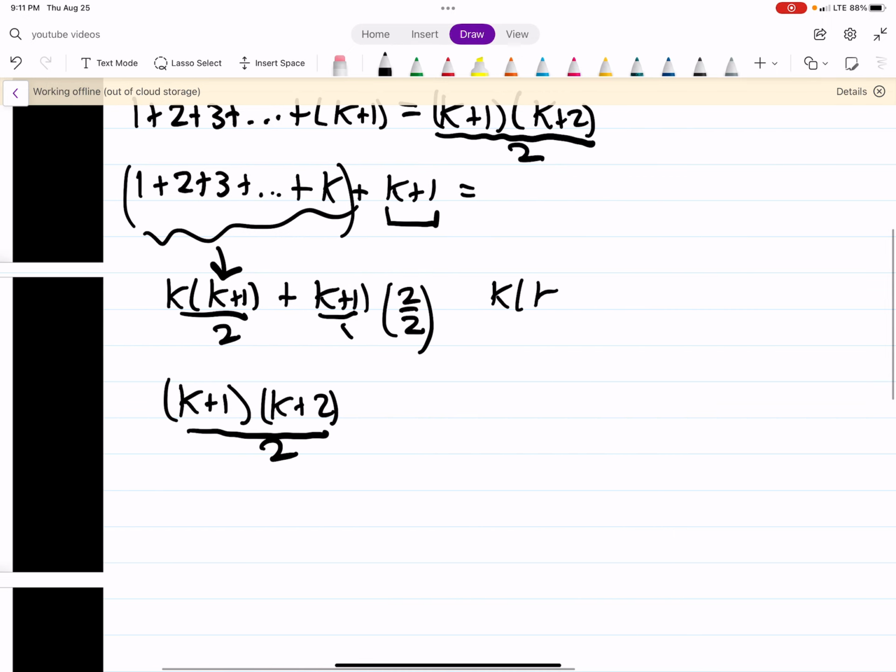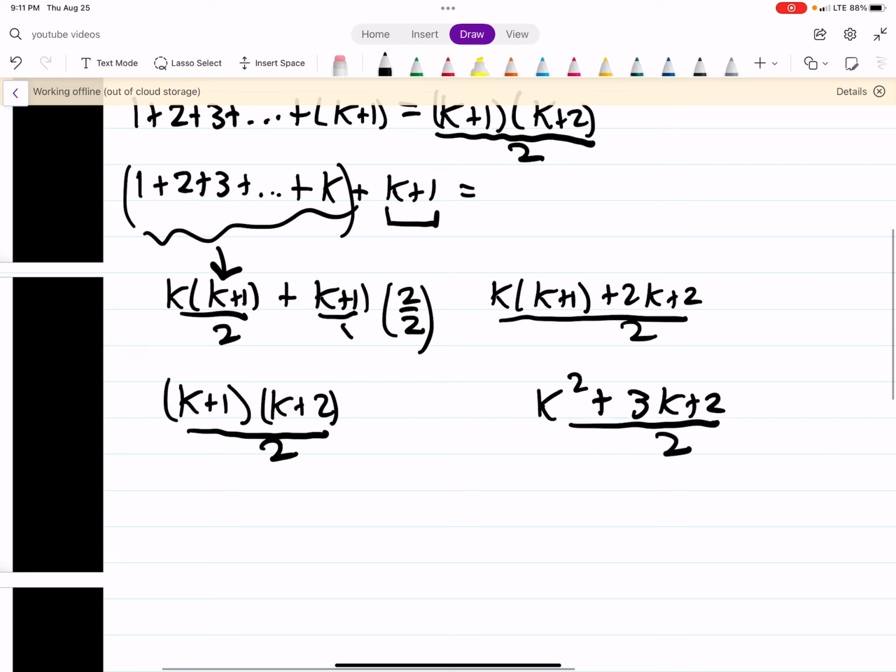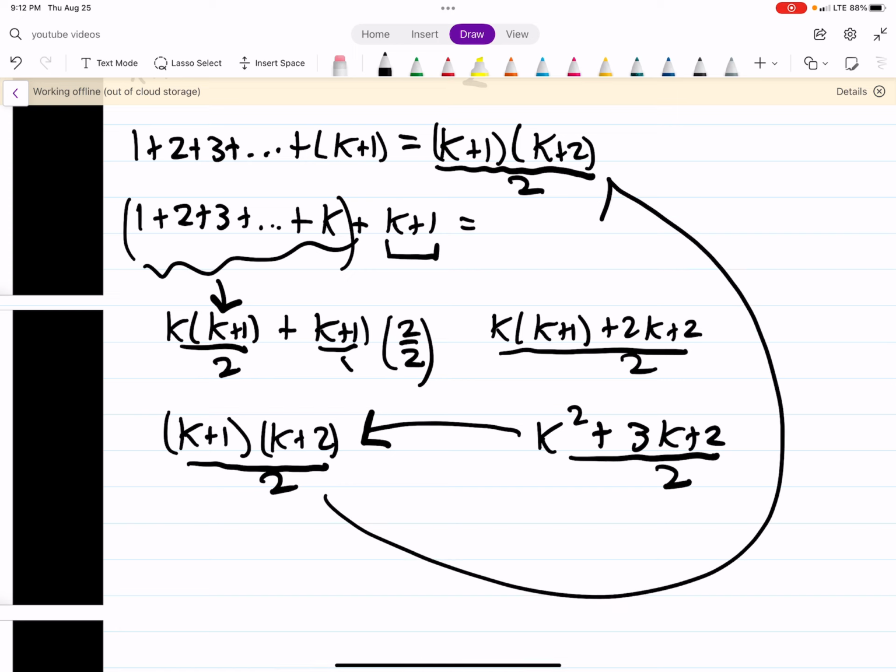You would get k times k plus 1 plus 2k plus 2 over 2, which is k squared plus 3k plus 2 over 2, and then the numerator can be factored into this, and this is equal to this.